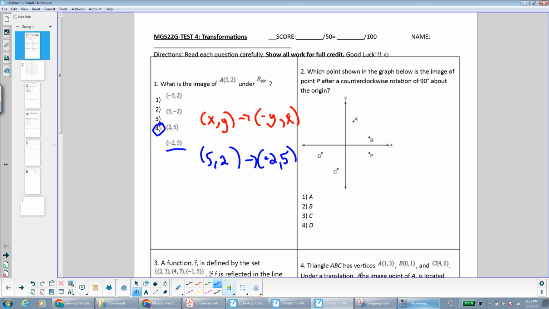So the choice that we're looking for here is choice number A. We're rotating 90 degrees. Once again, it tells us the direction is counterclockwise, so we're going in this direction, not this direction, so don't be confused by the direction.